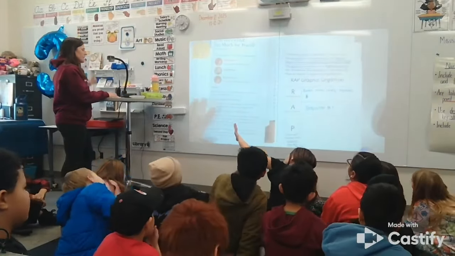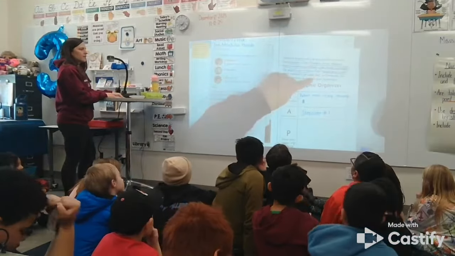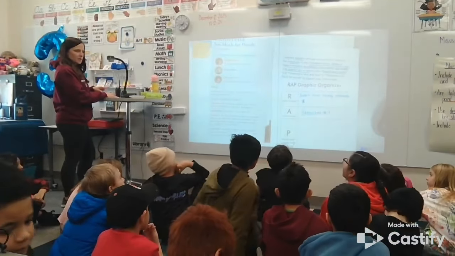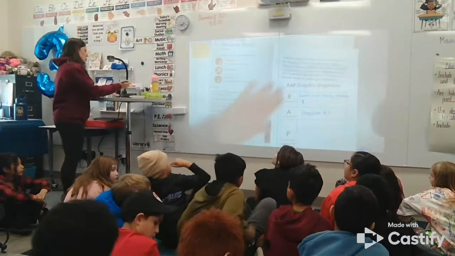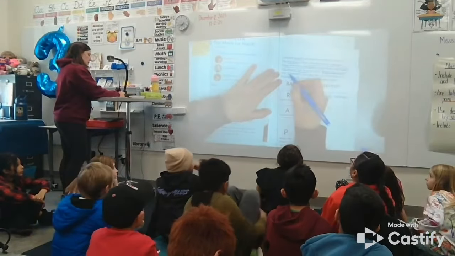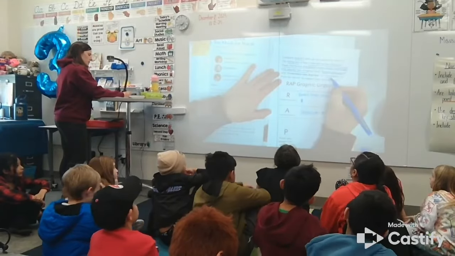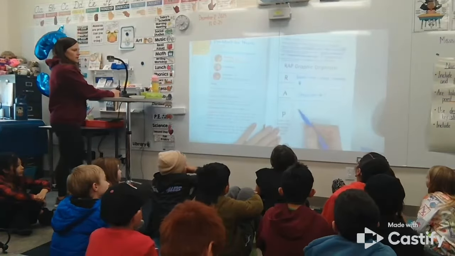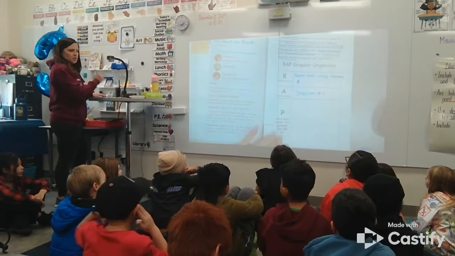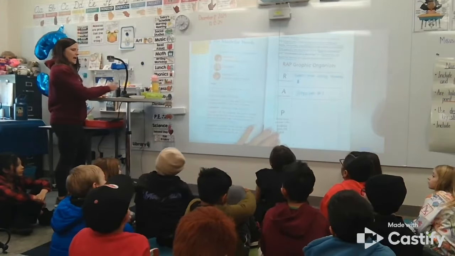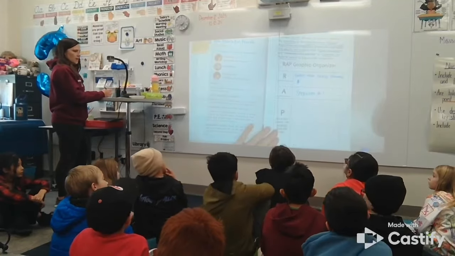Now, it says in the question, I have to have evidence from both of the texts that I'm looking in. So I have to have evidence from Rabbit and Coyote, and I didn't use this text, so I have to have evidence from Cinderella, Too Much for Words. So down here in my organizer, I'm just going to jot myself some notes because I'm going to turn this into a paragraph after I've got all my thinking organized.